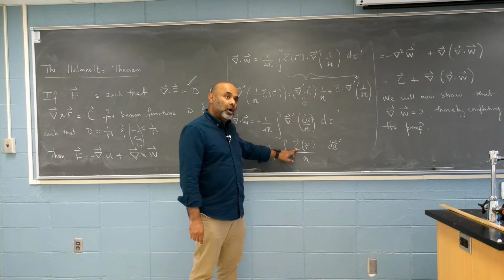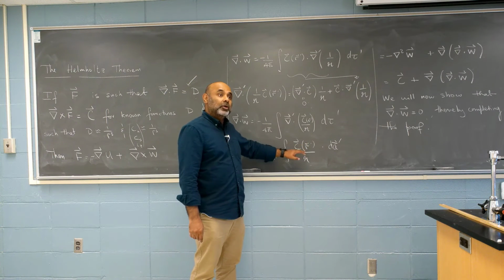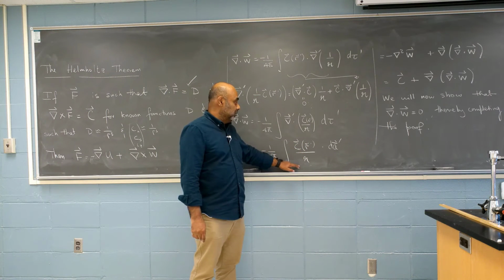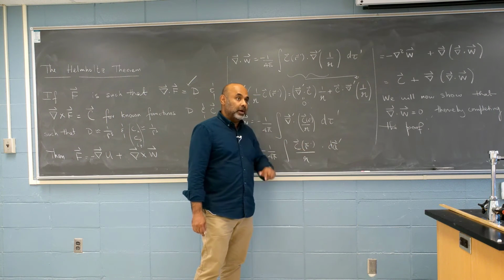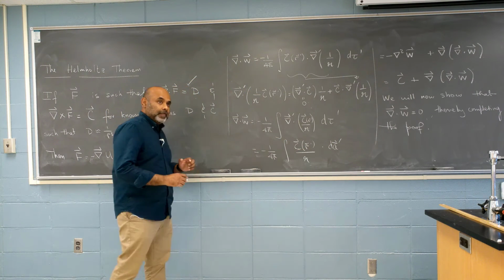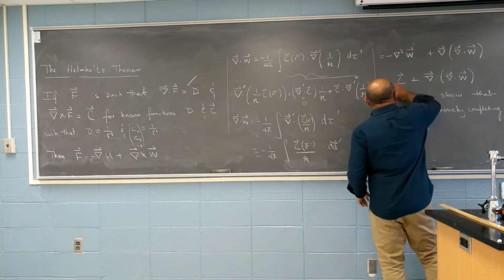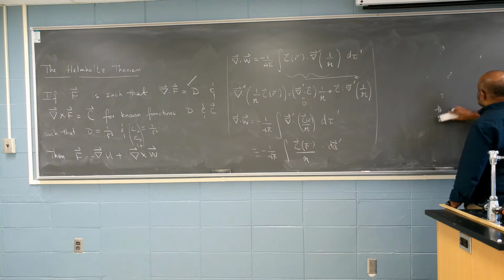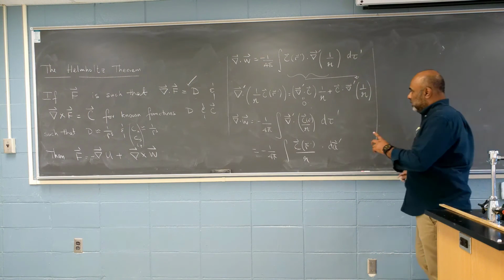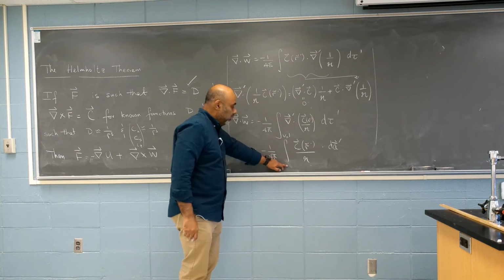This has 1 over r cubed, and this has 1 over r cubed. So I have 1 over r prime to the 4th, and then I have r prime squared. So as a result, well, let me make that very clear. Oh, let me also make that clear. This is over volume. This is over area.